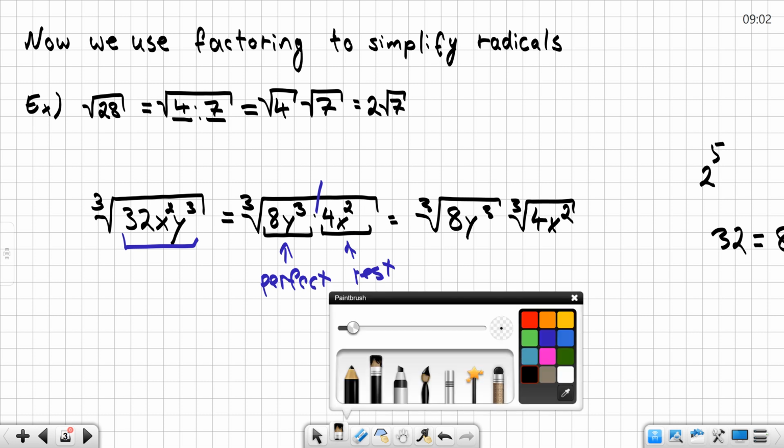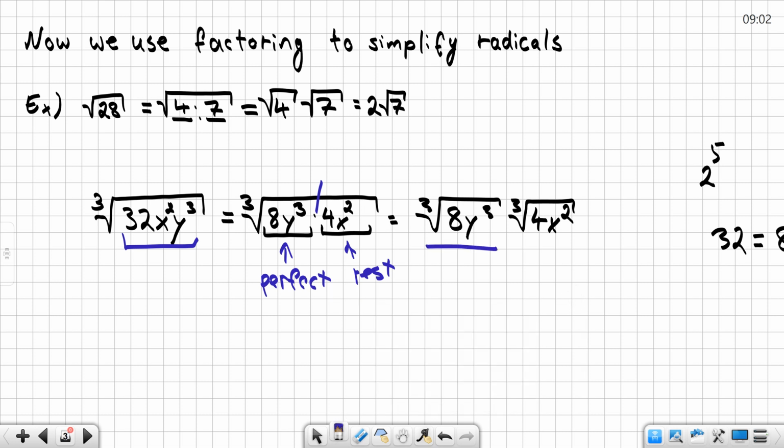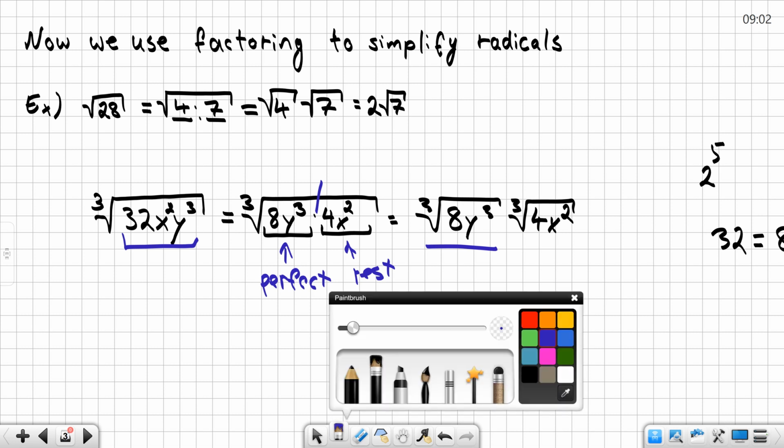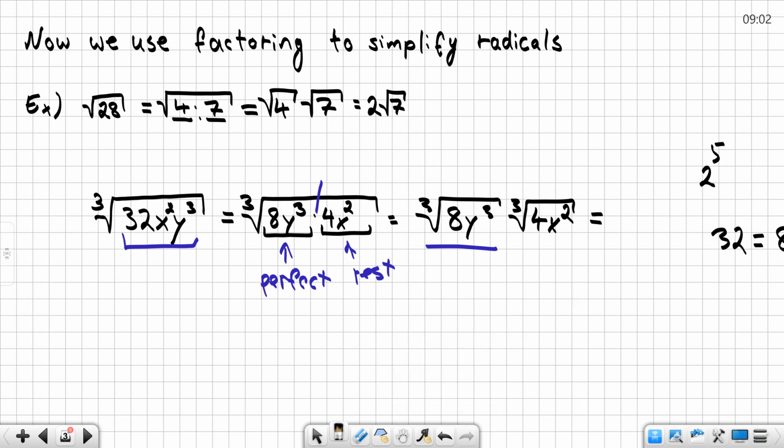And this first part right here, the cubic root out of 8y cubed, that will be just, well, the cubic root out of 8 is 2, and the cubic root out of y cubed is just y, times the cubic root out of 4x squared. So there is still, let me clean this up here a little bit, there is still a little bit of radical left, but it is less than what we had to begin with.